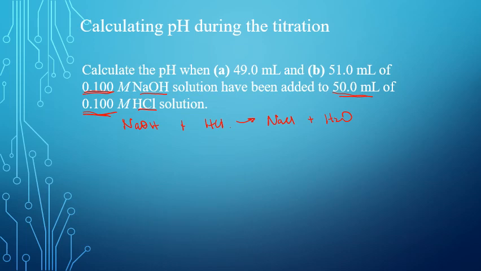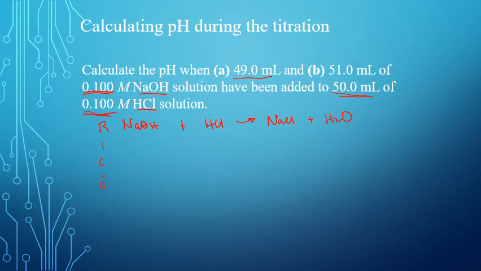So now as we get into our problem, like I said, we have a limiting reactant problem. So let's set up our rice table. When I have the NaOH initially, 49 milliliters, if I do the 49 milliliters times the 0.1 molar, I'm going to leave it as milliliters instead of converting it to liters. It's just a little bit easier to use. So try to get comfortable using millimoles in the process.